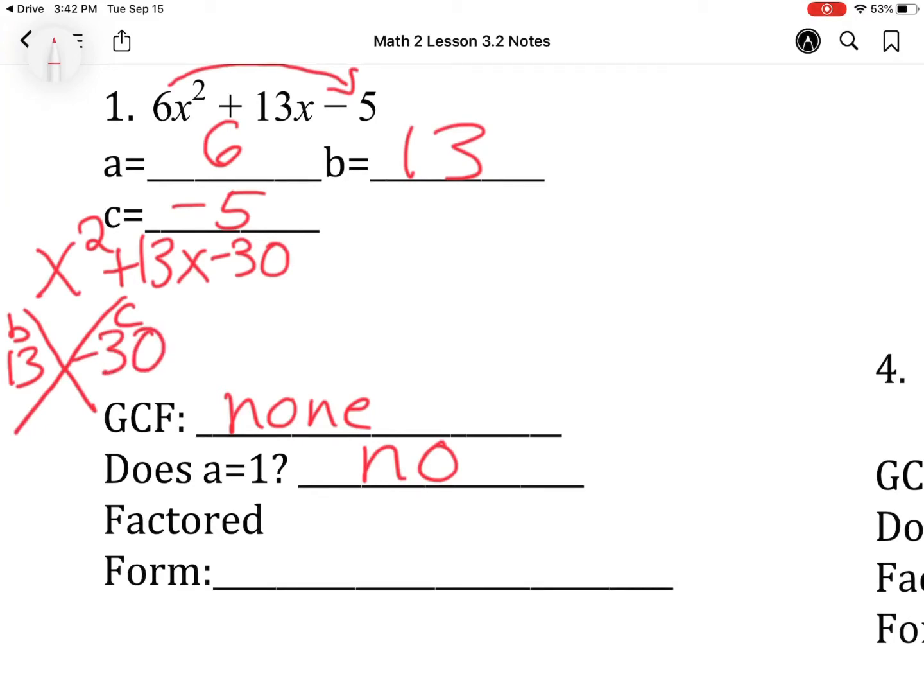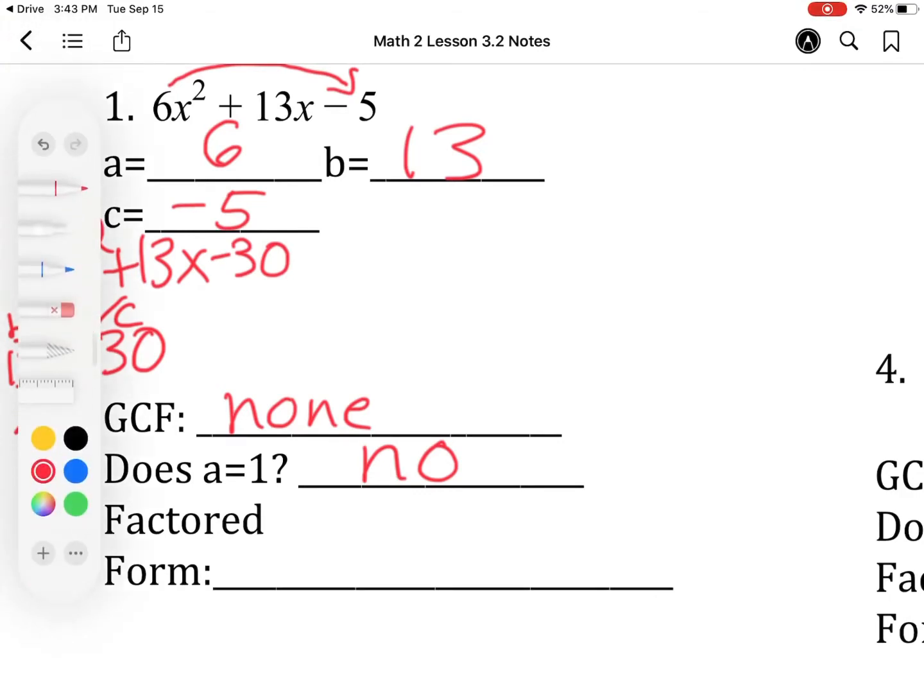And we want two numbers that multiply to give us 30, but also add and subtract to give us 13. Well, 3 and 10 is going to fit that bill. We're going to need to make one of them negative, though. So, if we try to make one of them negative, that's not going to give us our positive 13 or our negative 30.